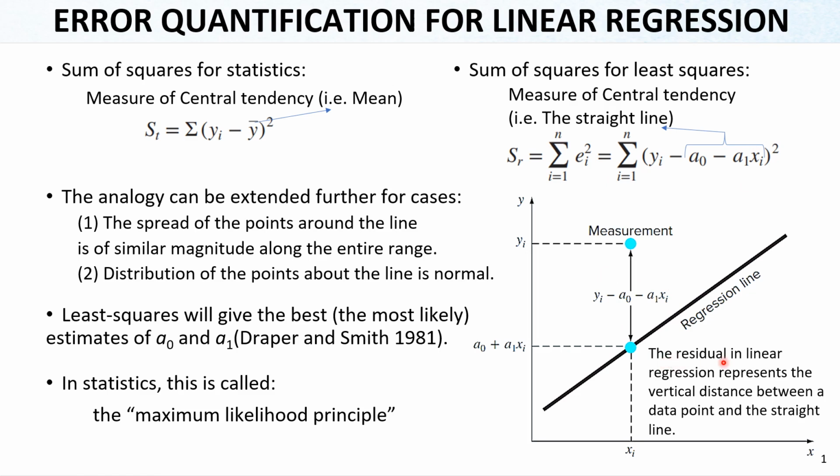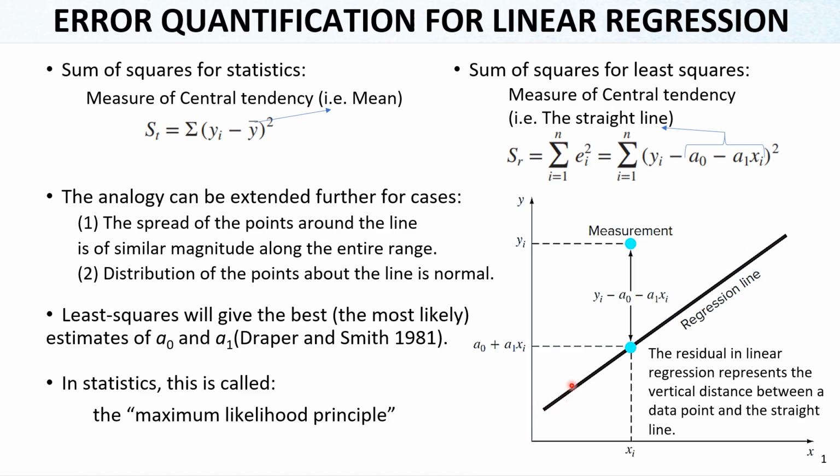So basically, the residual in linear regression represents the vertical distance between a data point and a straight line prediction. This is the vertical distance. So another feature is that the distribution of points about the line is normal. So there will be some distributions of these points. Actually, there is one point here, one here, for instance, and there is a regression line.